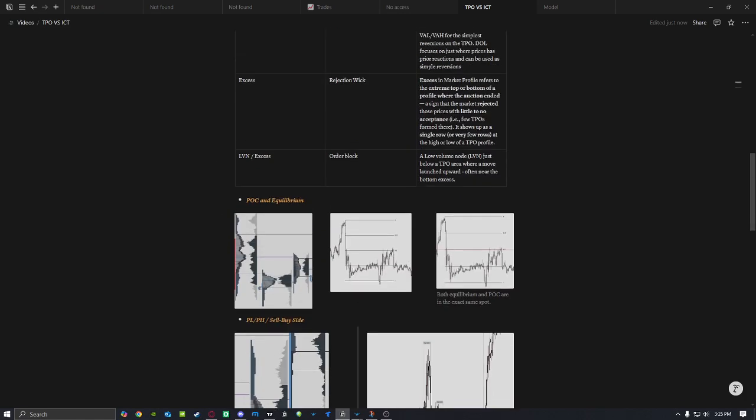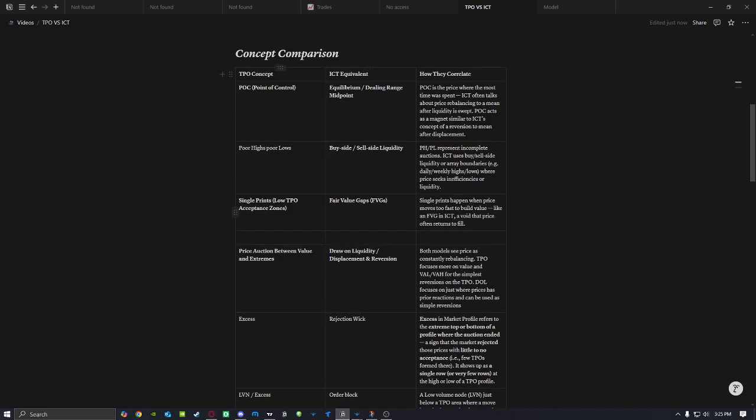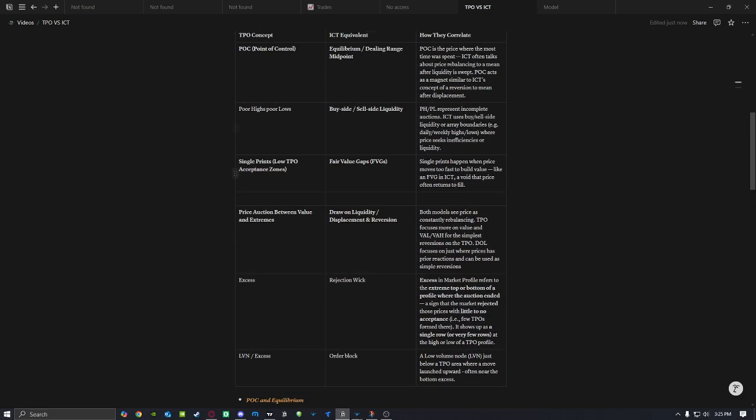So I'm going to explain to you single prints and fair value gaps. Single prints happen when price moves too fast to build value. Like a fair value gap in ICT, a void that price often returns to fill. So they're pretty much the same thing.